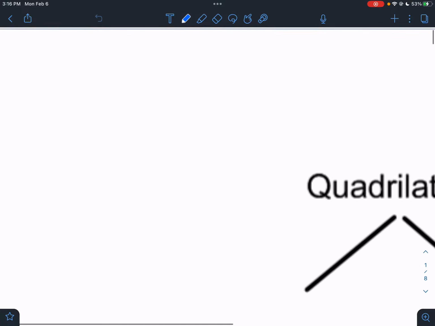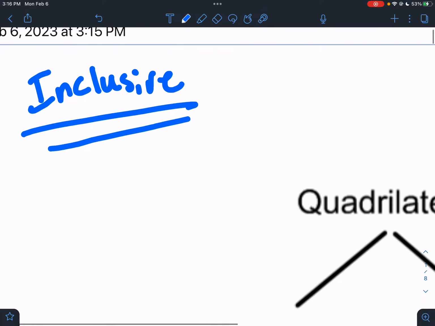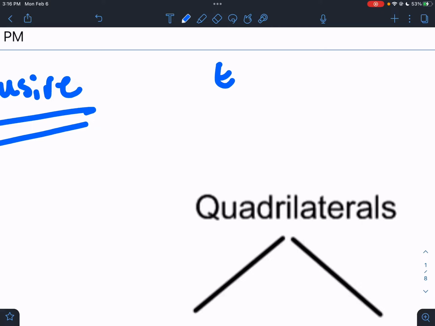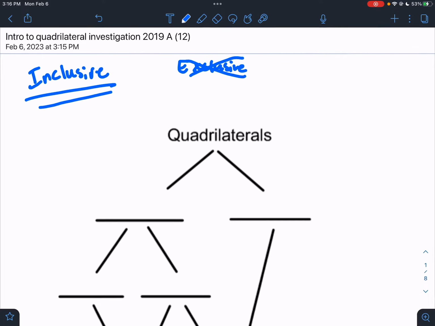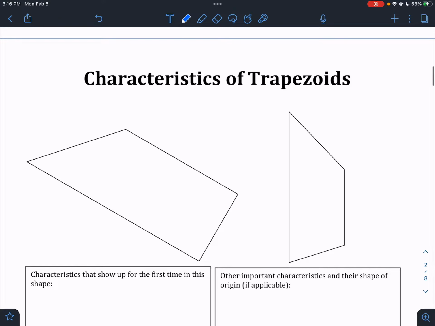I'm going to start off by saying in our class, remember from first semester, we use what are called inclusive definitions. Most people use what are called exclusive definitions. We don't use those. Let me give you an example with trapezoids.